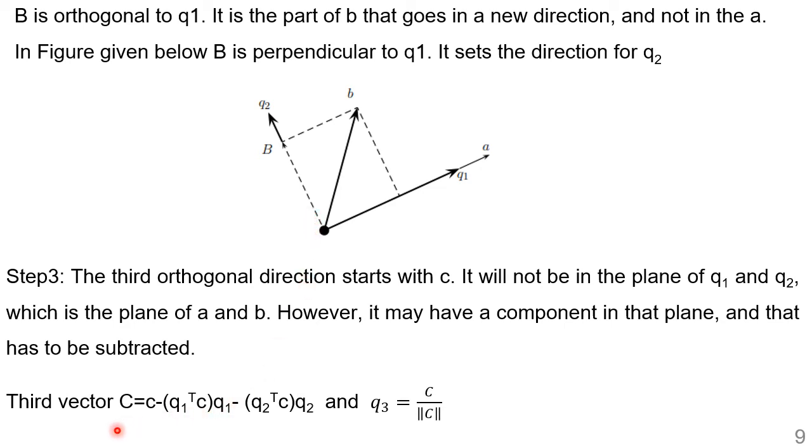That can be done by computing C' equal to C minus Q1 transpose C times Q1 minus Q2 transpose C times Q2. And it can be converted into a unit vector by dividing C' by its length. So Q3 is equal to C' divided by the length of C'.